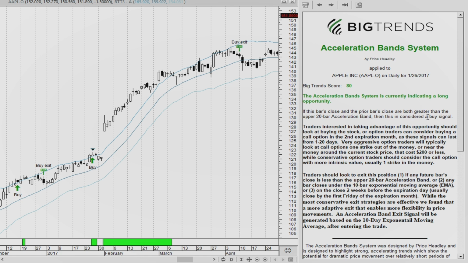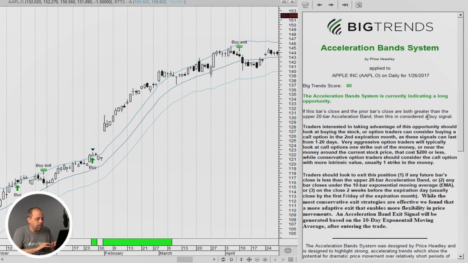You can see it on the chart right here, Big Trend Score. The idea is, let's focus on the opportunities that have the most bullishness or the most bearishness. In this particular case, we're looking at a buy opportunity, so a score of 80, where it goes from minus 100 to plus 100, is really, really good.